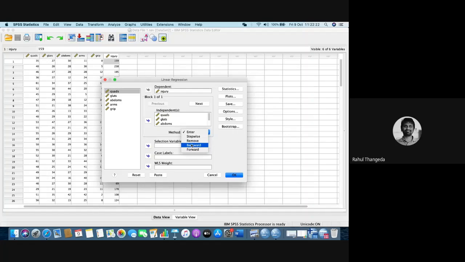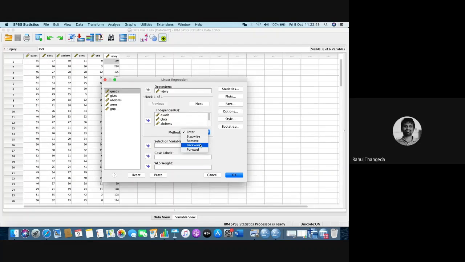Remove is like removing everything entirely. Forward is like if you want to take the first variable, second variable, third variable, fourth variable, and fifth variable and run like that. Backward is take all those 5 variables, run regression, then run with 4, run with 3, run with 2, run with 1, and show the results. So these are different ways of running regression.